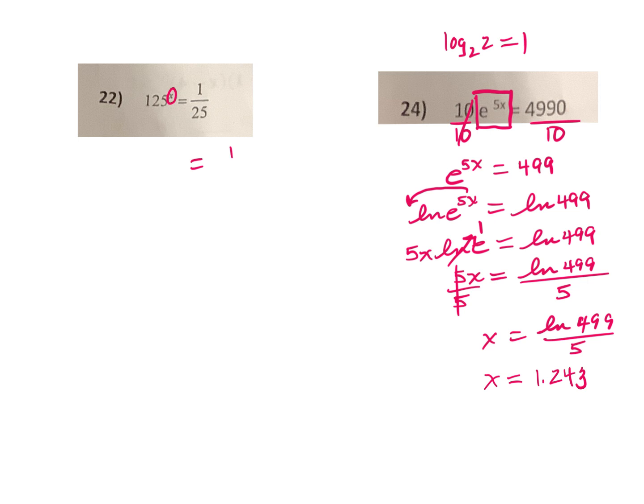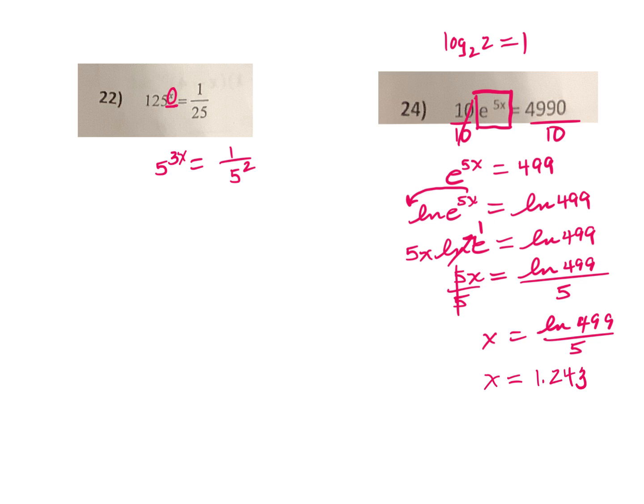So 1 over 25 is now going to become 1 over 5 to the second because 5 to the second is 25. Now on the other side I have 125. Well, that's 5 to the third. The 125 had an exponent of x, so I have to bring that down. So now I've got 5 to the 3x equals 1 over 5 squared.